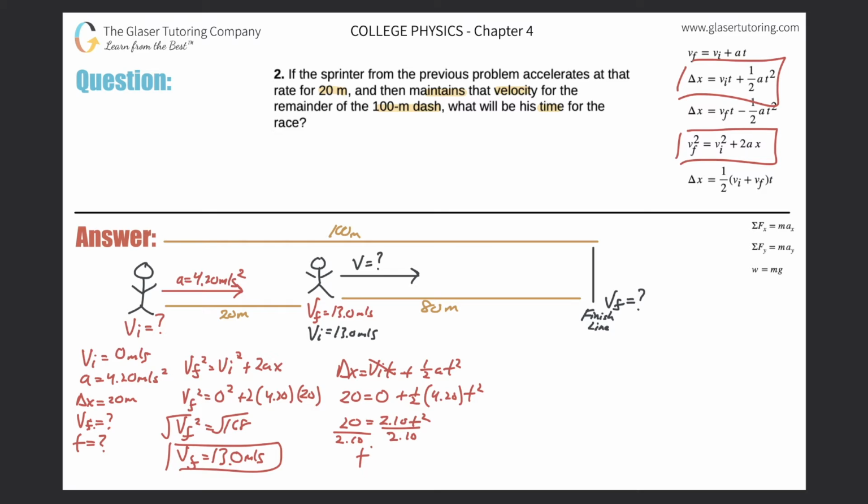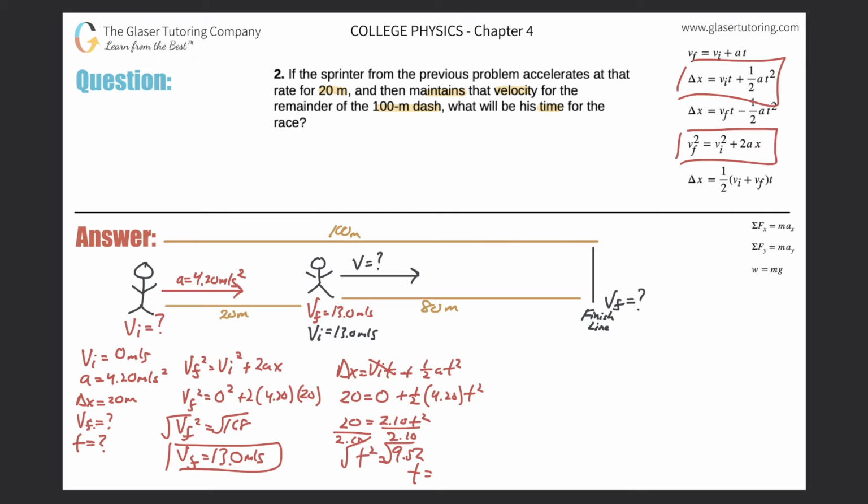So now we're left with t squared being 20 divided by 2.1, so 9.52. And remember, to solve we've got to take the square root. When you take the square root, you always get a positive and negative answer. However, we're only going to consider the positive value here because we're talking about time.